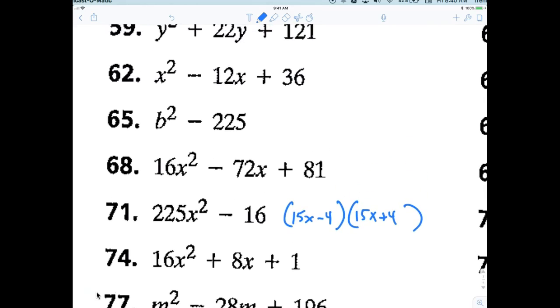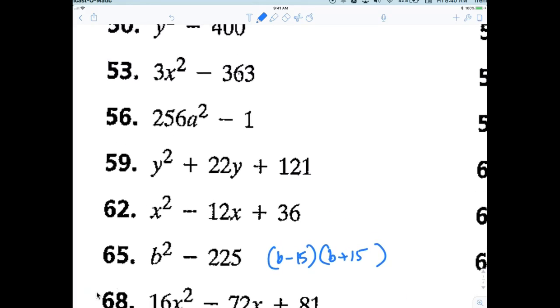Okay, 65, Quigley. All right, so the minus. We just did it. Oh, 15. There you go. Good job. Who knows 256? 16. 16, good job.